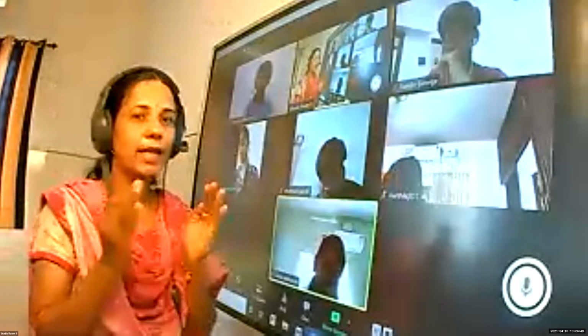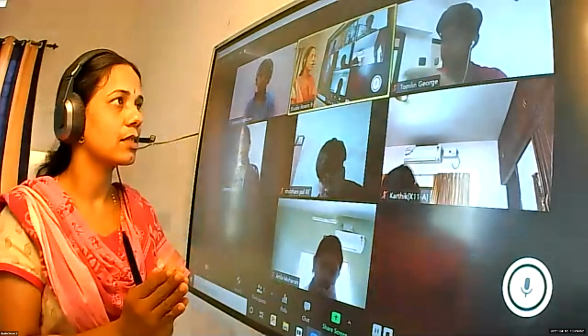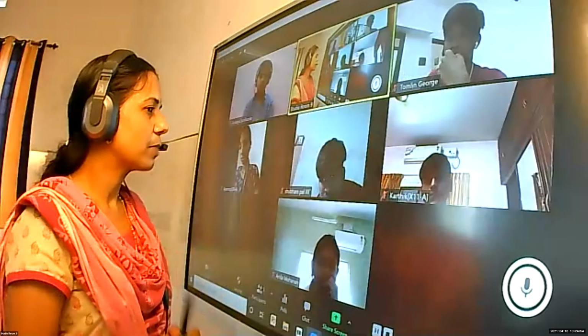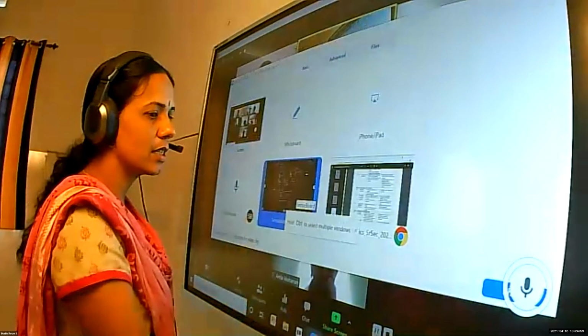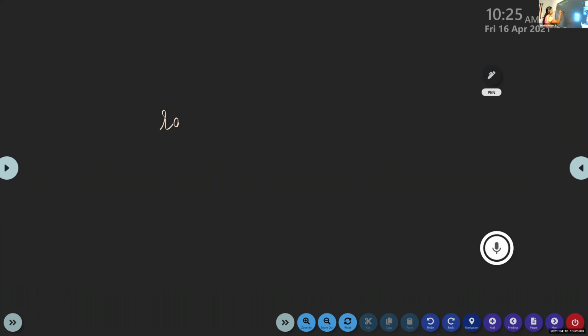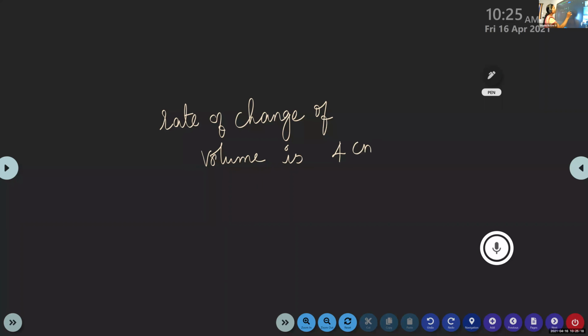Okay. So here, what is given? Area is changing with respect to radius. Volume is changing with respect to radius. Now listen to my question. Suppose it is given that the rate of change of volume is 4 centimeter cube per second.